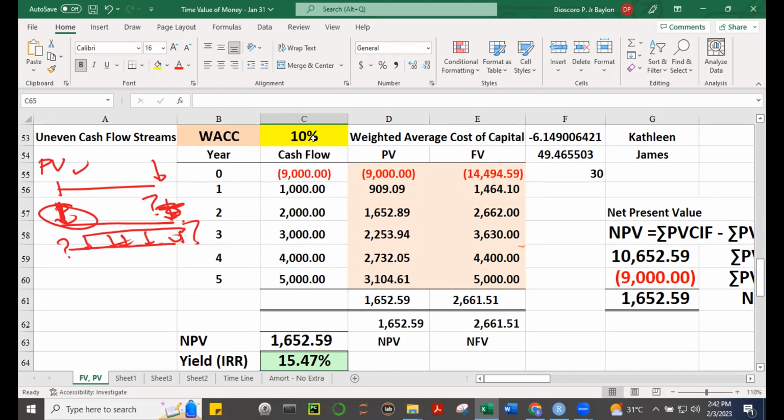Now, sometimes there will be instances when the NPV and the IRR conflict with each other. For instance, NPV says reject the project and then IRR says okay, or vice versa. But it's usually IRR says okay, then NPV says do not go with the project.